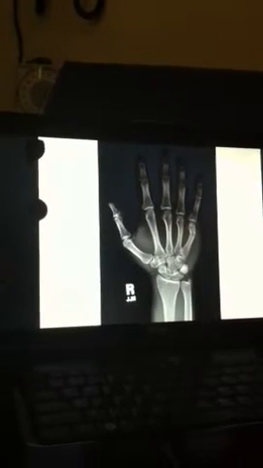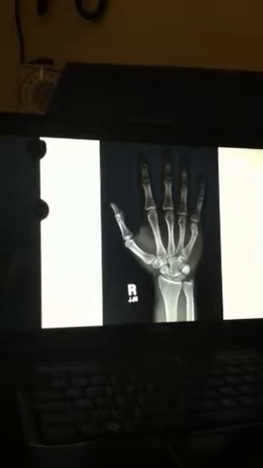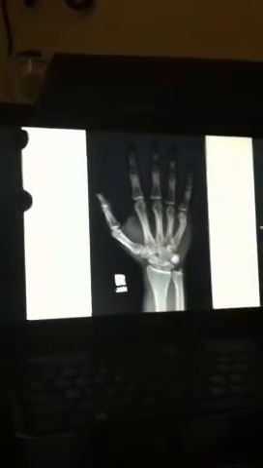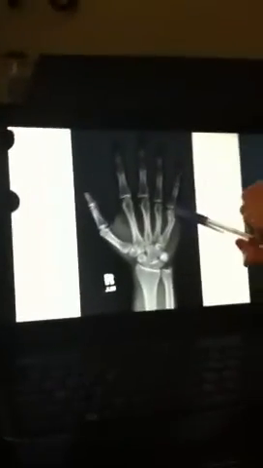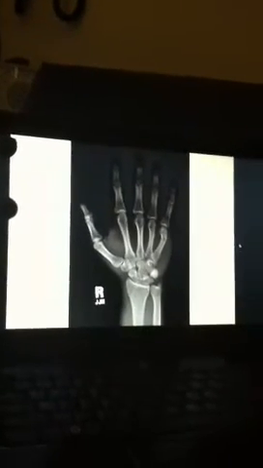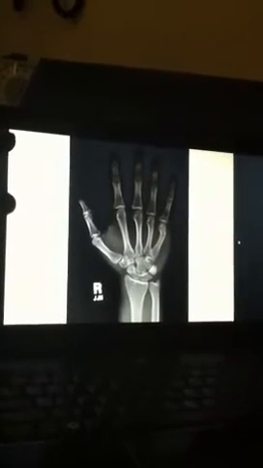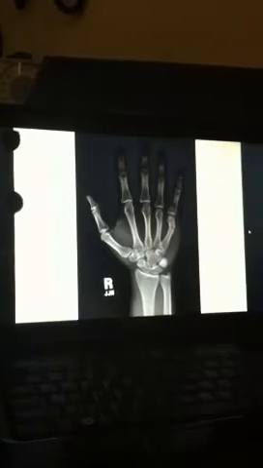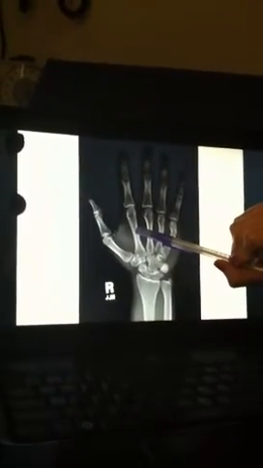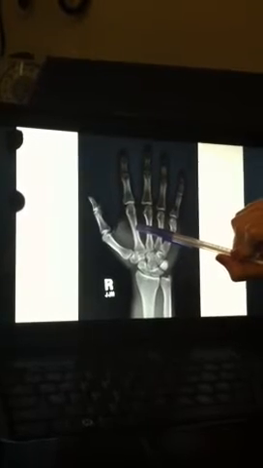Do we have to number them? Like the thumb is one? Yeah. The thumb is 1, and then 2, 3, 4, 5. Okay. And how do you say that? If we wanted to say this, you would say second metacarpal. Okay.